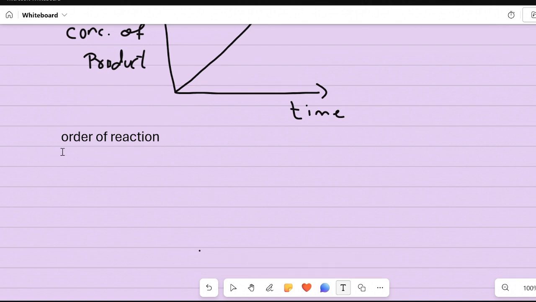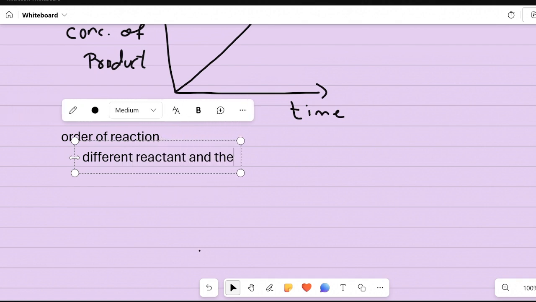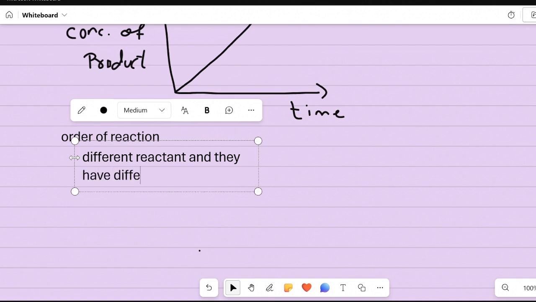That's the first point. So you have different chemical reactions, reactants, and they have different effects on the speed of the reaction.